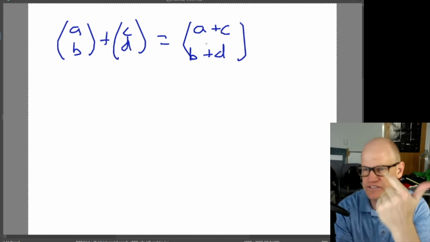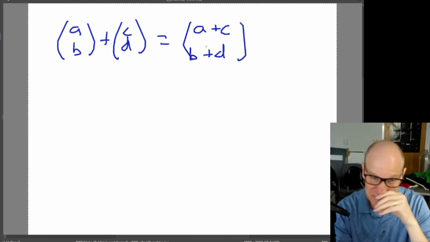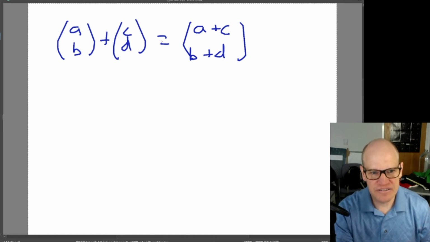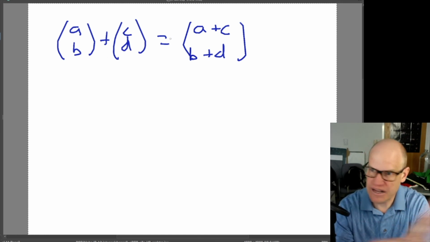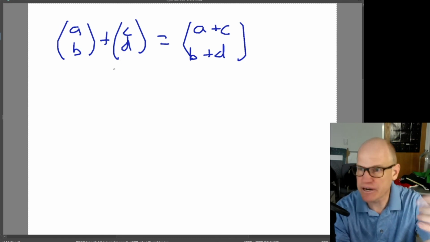It's associative, it's got inverses, it's got an additive inverse. In this case, it's commutative. So this forms this algebraic structure with this binary operation, except now your sets are actually pairs of numbers instead of individual numbers.